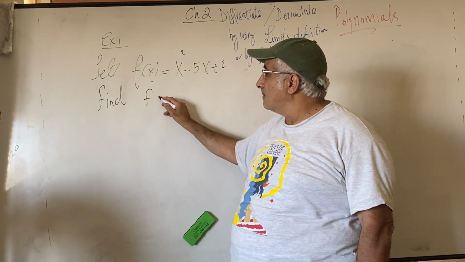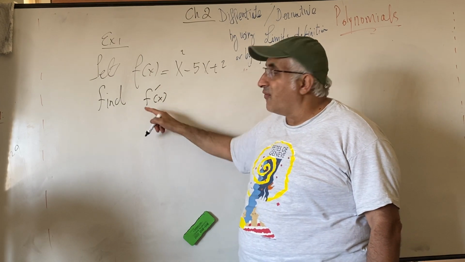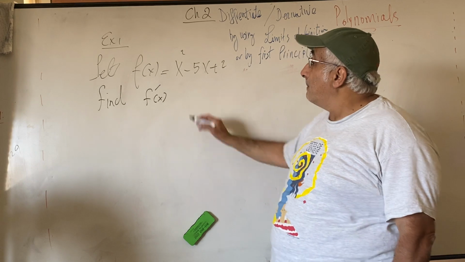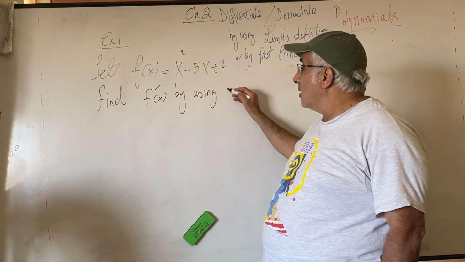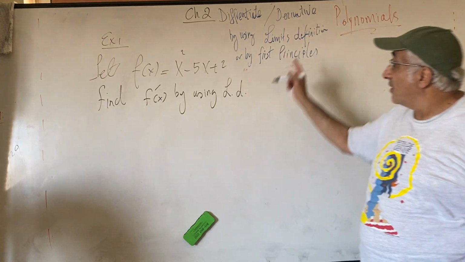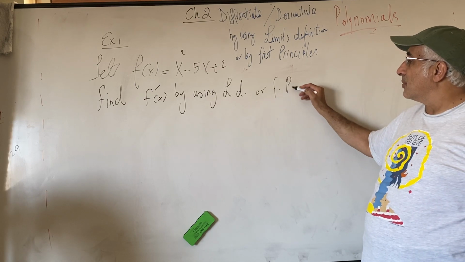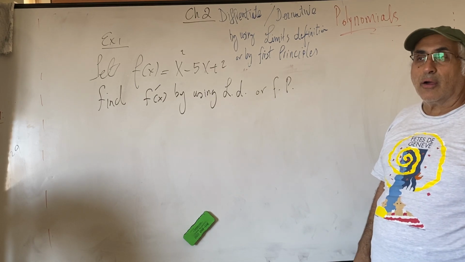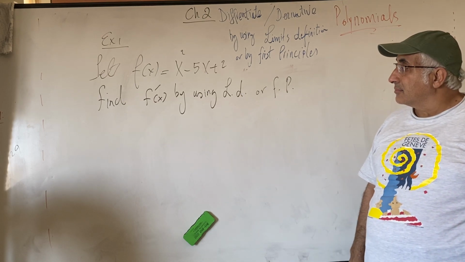What's the symbol of that? Like this. This is called the derivative of the function f of x by using the limit definition, or by using first principles, المبادئ الأولية أو مفهوم النهاية.